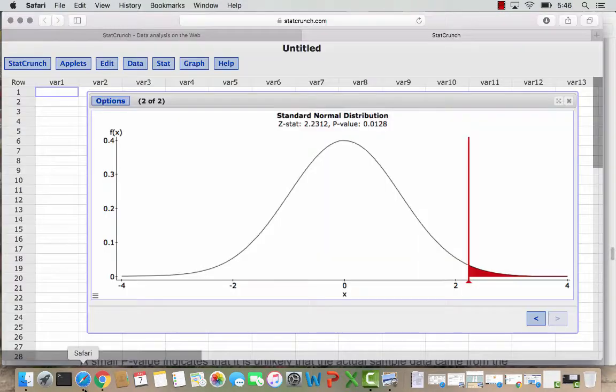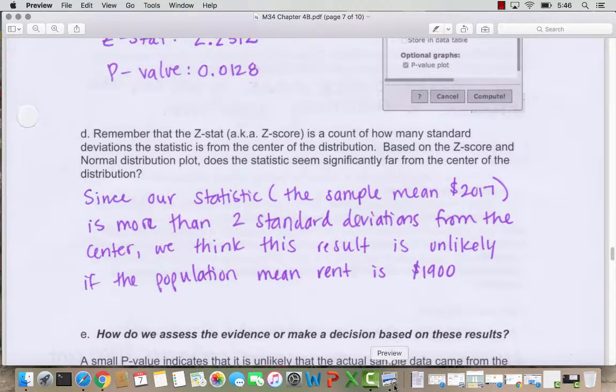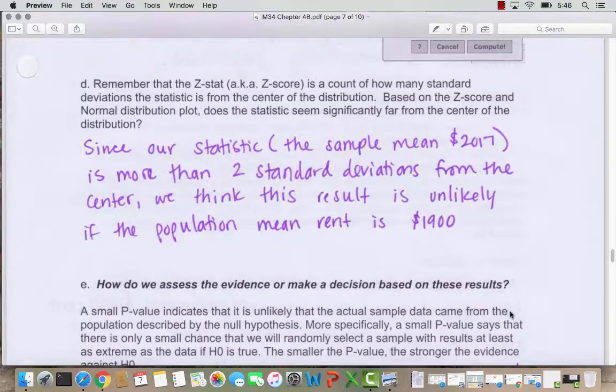So let's go back and look at our normal distribution plot. It's more than 2 standard deviations away, so it doesn't look like it's too close to me. So we say since our statistic, the sample mean 2017, is more than 2 standard deviations from the center, we think this result is unlikely if the population mean rent is 1,900.